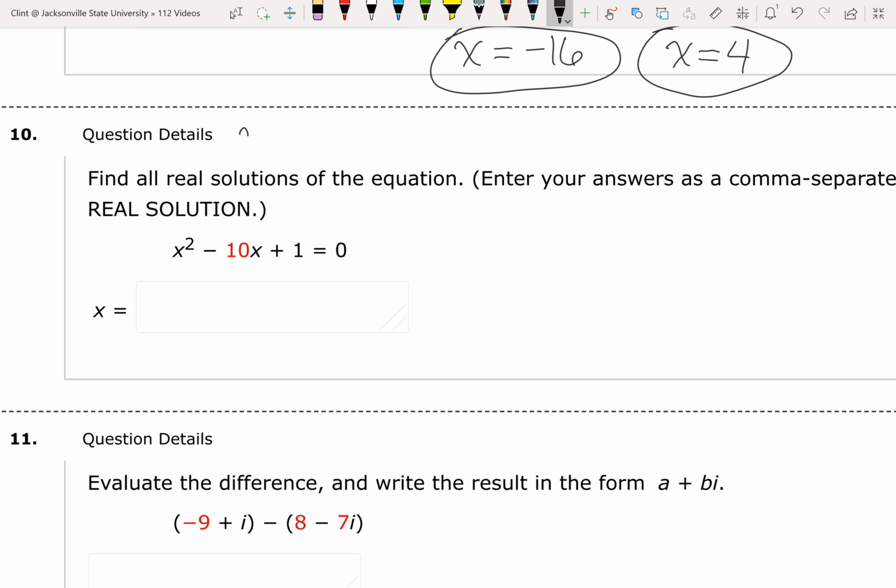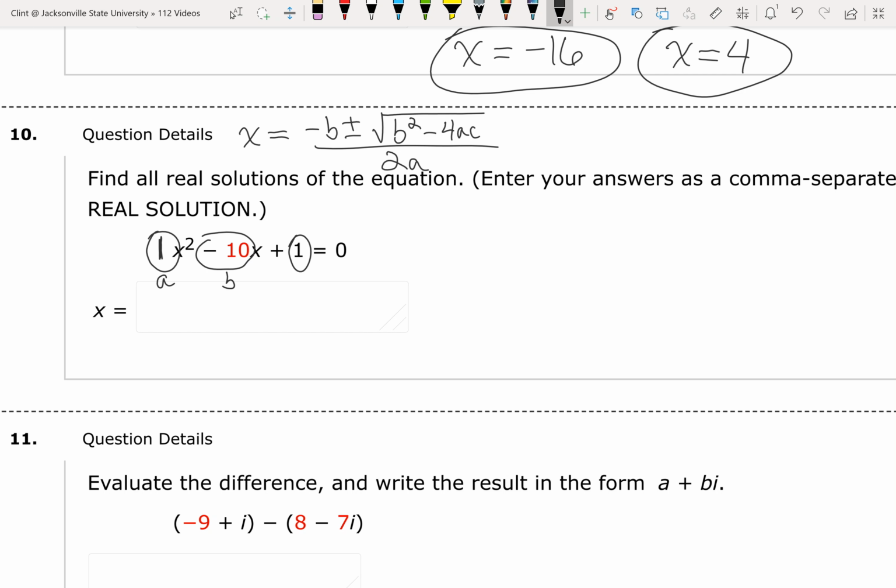So I think instead we're going to have to do the quadratic formula, and I will give you the quadratic formula. You don't have to memorize it. Negative b plus or minus the square root of b squared minus 4ac all over 2a. So if we fill in here, our b is negative 10. Our a, what's our a? We've got 1 here.